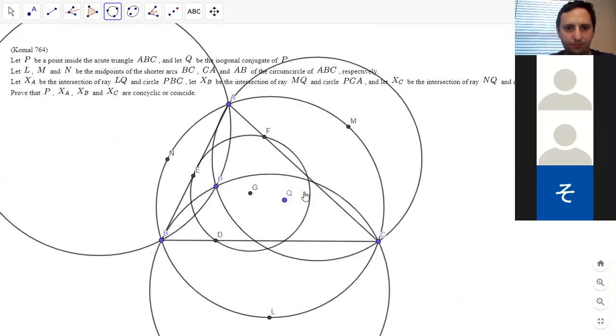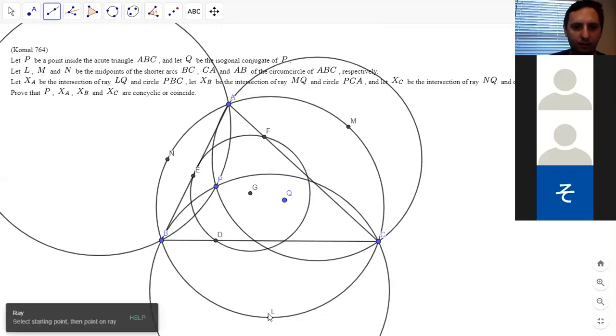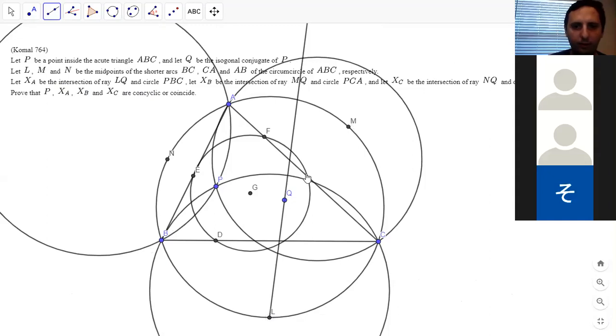So then we draw the intersection of LQ. Basically we draw three rays and we see where they meet the corresponding circles. So LQ, MQ, and NQ.